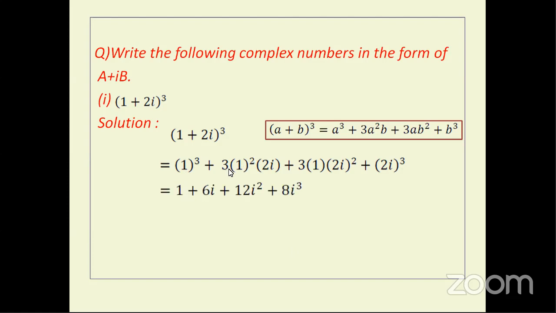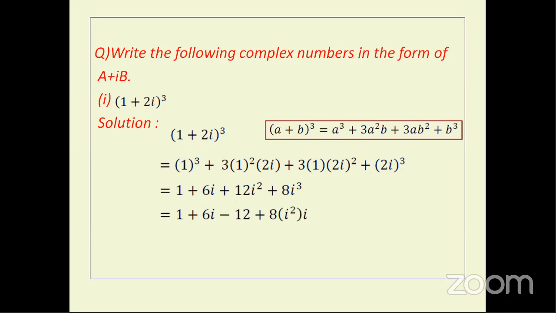Then 3 into 1 into 2i is 6i. Then let us expand this: 2 square is 4i square, isn't it? 4i square into 3 gives 12i square. And here it is 2 cube, which is 8, i cube. So we have 1 plus 6i plus 12i square plus 8i cube.